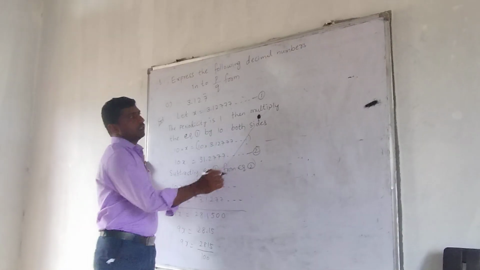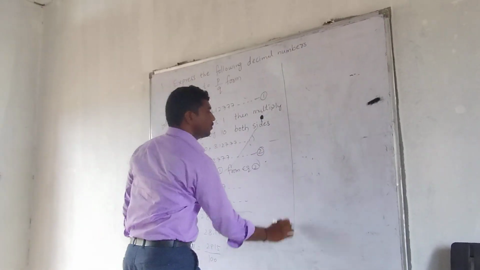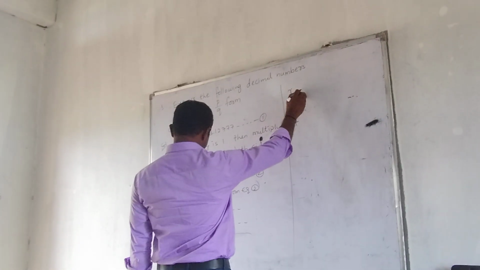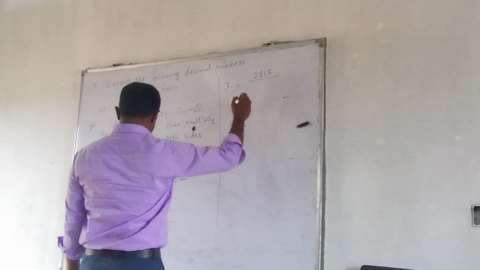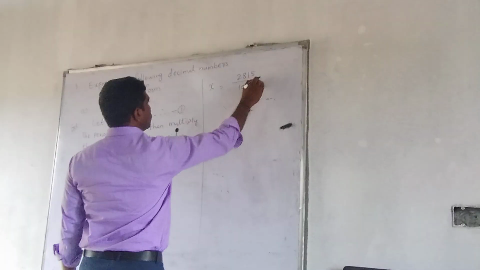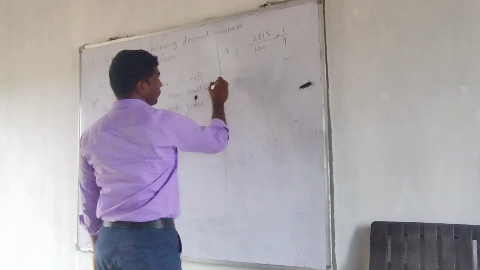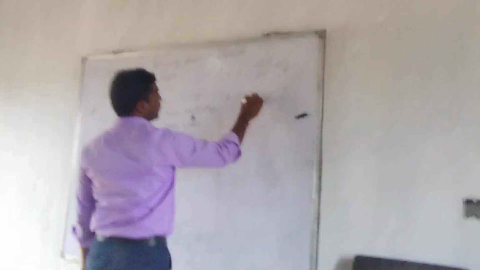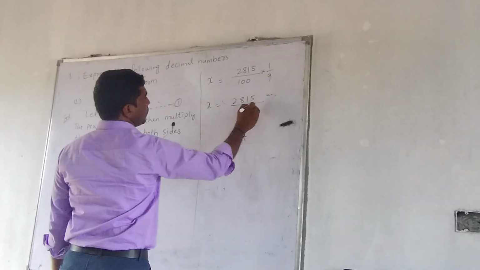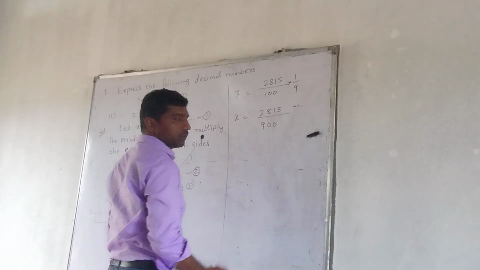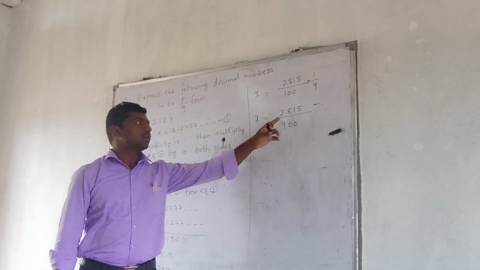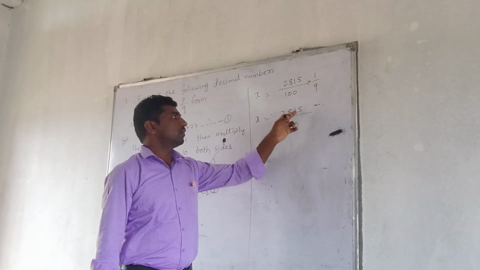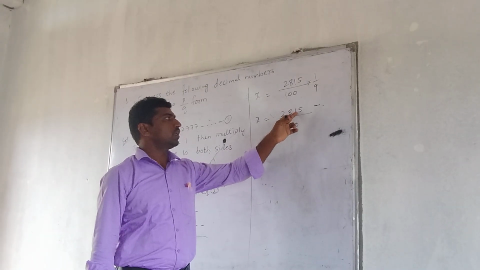Now next, x equals 2815 by 100, and this 9 goes below, so x equals 2815 by 900.